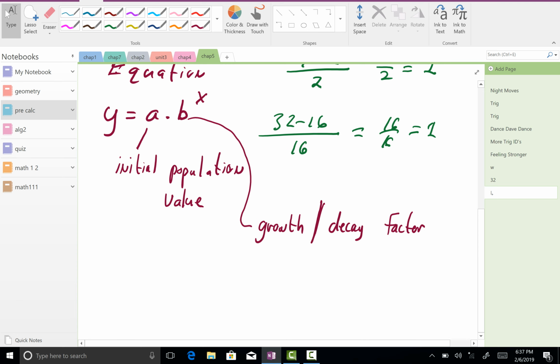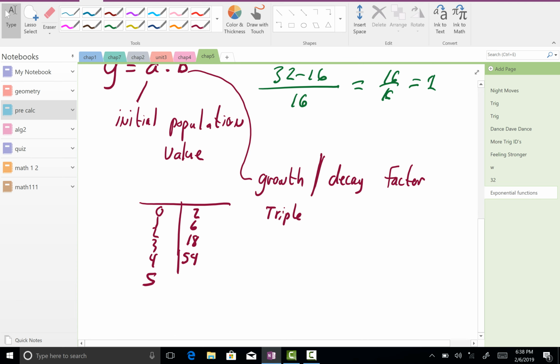Okay, so if we had another one, same idea here, and we started out with 2, but this time we're going to triple. And we wanted to find an equation for this.